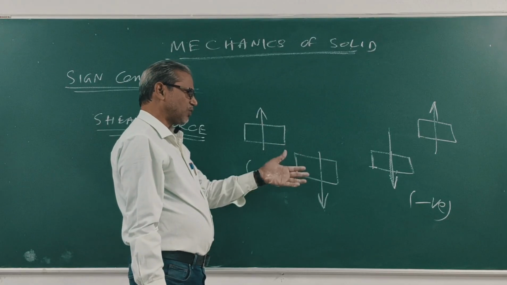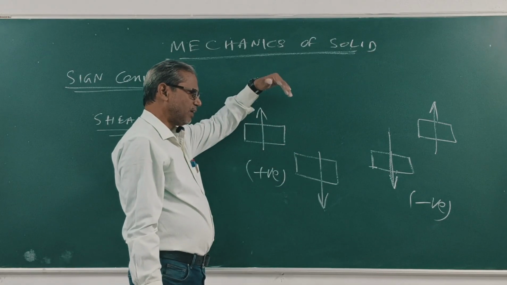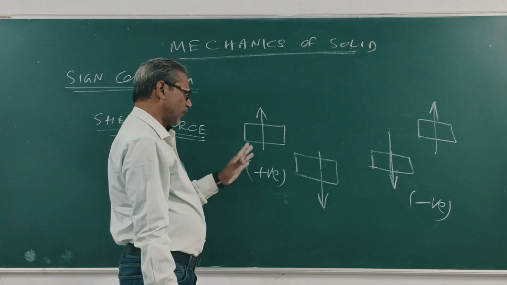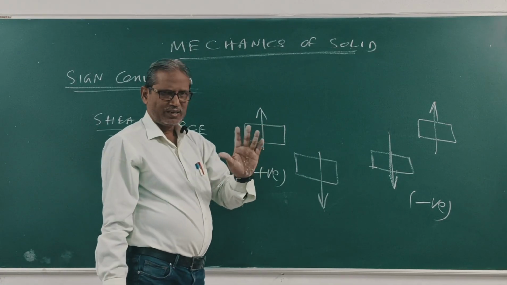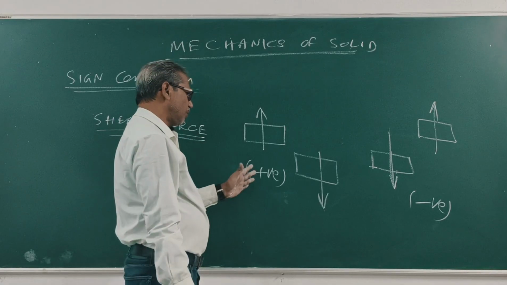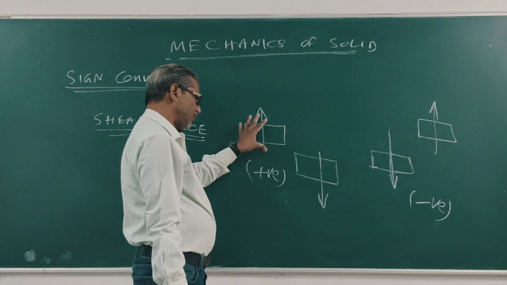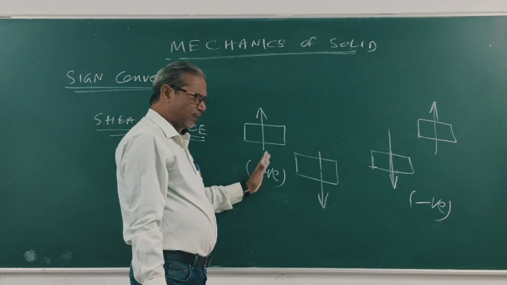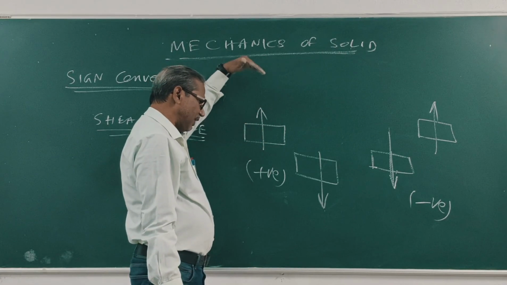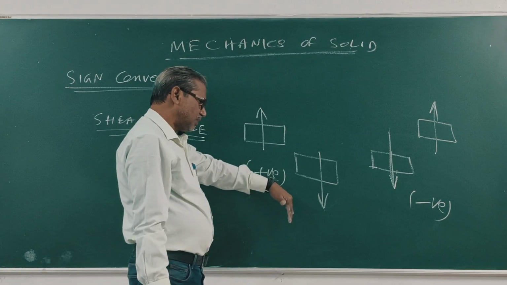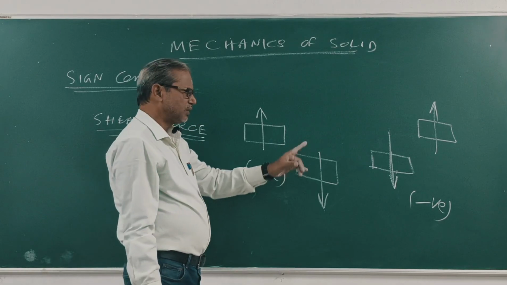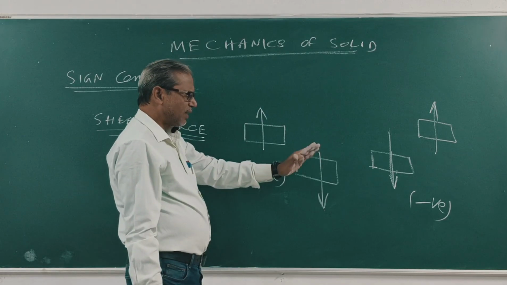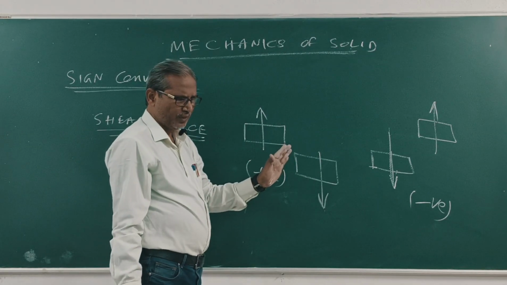Similarly, all forces left downward and right upward are taken as negative. Clear? So one portion of the beam tends to slide with respect to the other portion. So all upward forces towards the left are positive. Similarly, all downward forces towards the right are positive. Similarly, left downward, right upward is negative. Clear?